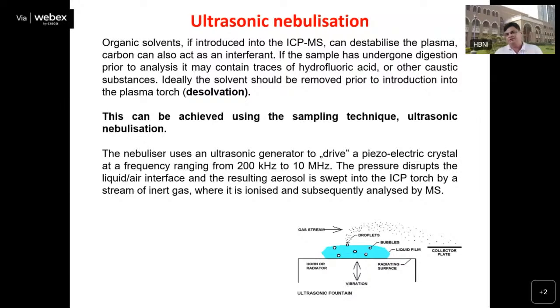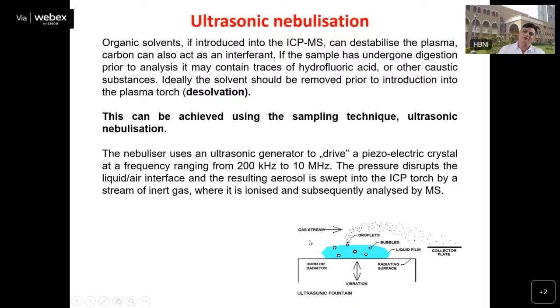So we have seen here three different ways of introducing the atoms into the plasma. Either we can use concentric nebulizers, and in the case of high TDS samples, we can use cross flow nebulizers.